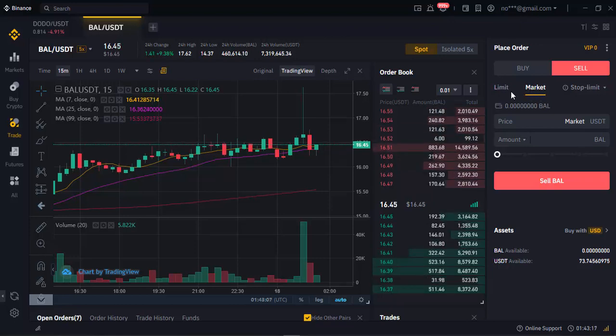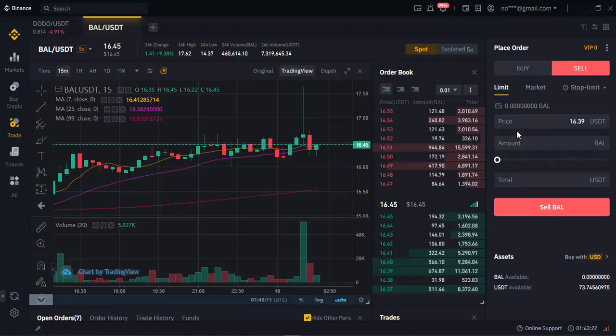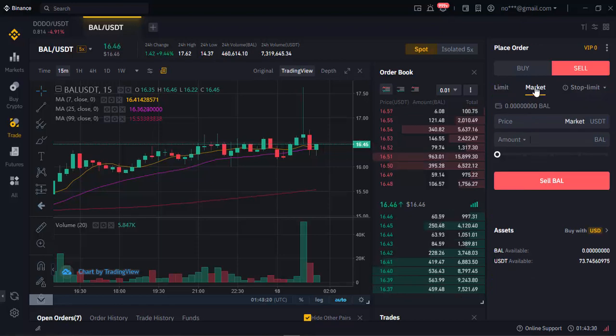Alright, now let me explain the difference between limit and market order types. Let's click on the limit. As you can see, the limit has a place where you can put the price you want to buy at. With the market price, you can't control the price. It's going to take whatever price the market is at the time of clicking the buy or sell button.